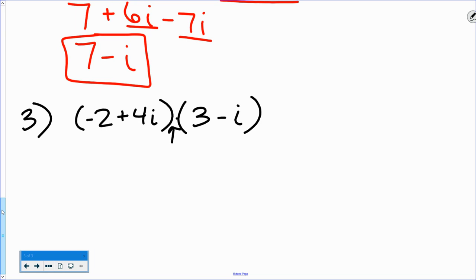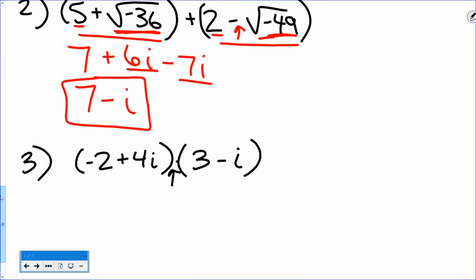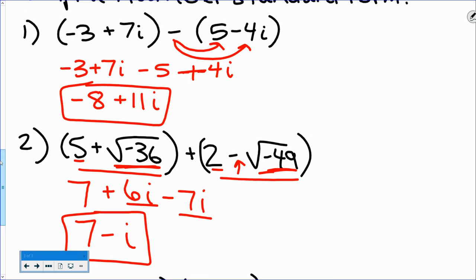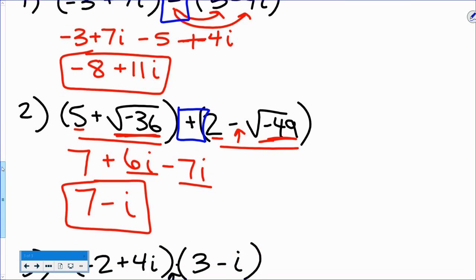I will have students who will look at problems like we first did with number 1 and number 2, and they'll see those two sets of parentheses, and they'll start distributing and multiplying everything out. Make sure you are paying attention to this is adding, this is subtracting. Just because there's parentheses doesn't mean you're always distributing everything. So pay attention to that. I'll have students who will do that wrong all the time.